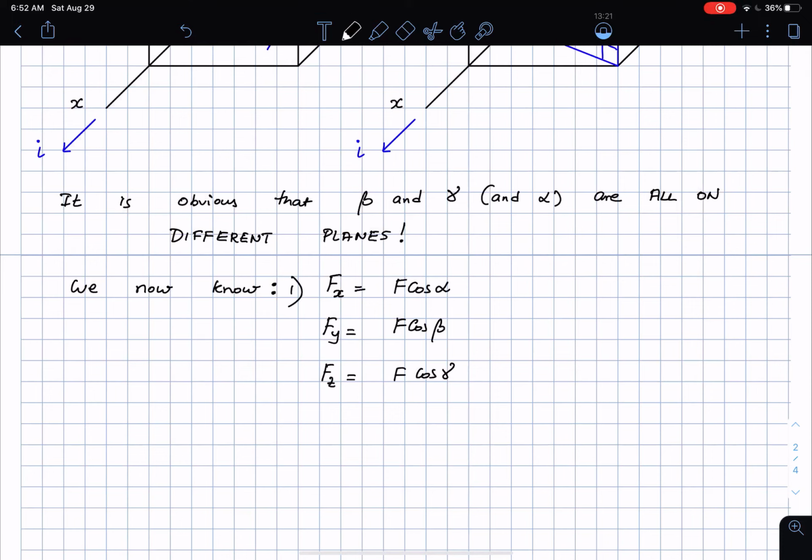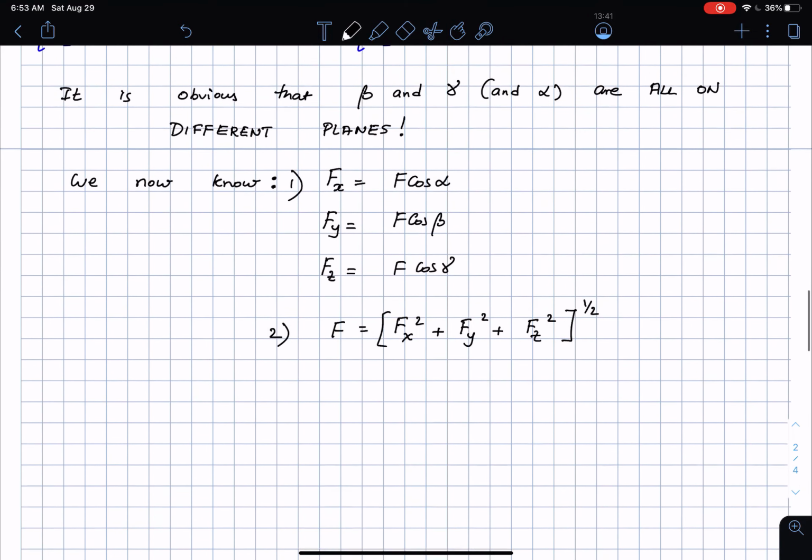This is the first set that we know. We also know vector F is Fx square, Fy square, Fz square, square root of that.